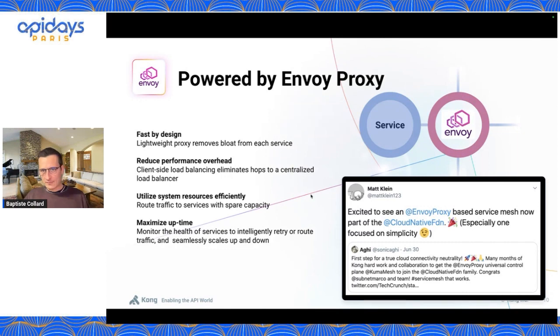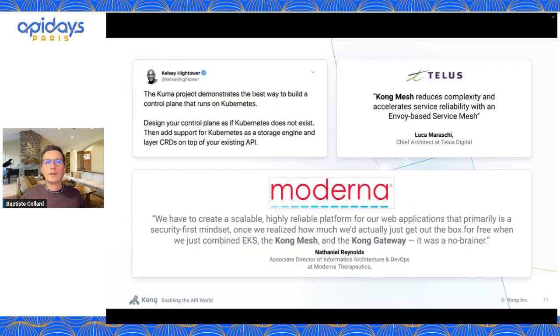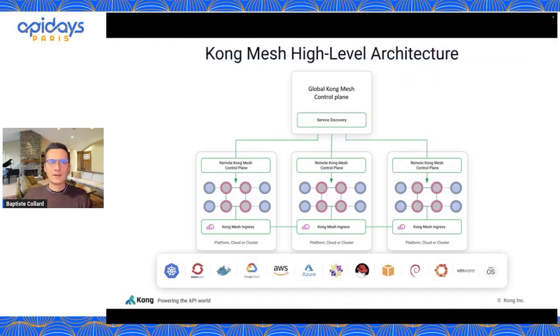And as you can see, Matt Klein also said that it was a good option to use Envoy as a building block of a service mesh platform. Same story with Kelsey Hightower, who also had kind words regarding Kuma, because it demonstrates how easy it can be to use a service mesh.